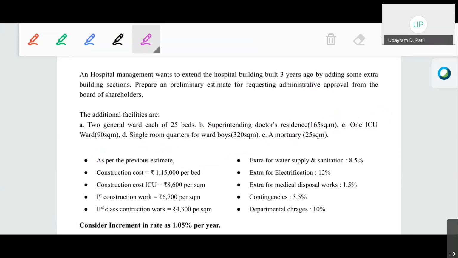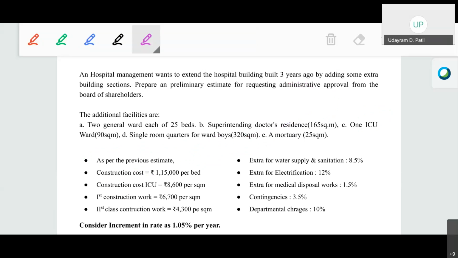So they are going to use the rates which were used 3 years ago. Whichever rates of the materials were there 3 years earlier, that will be used to calculate the various construction rates.